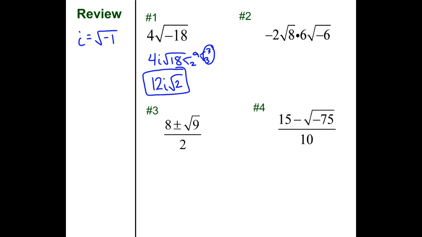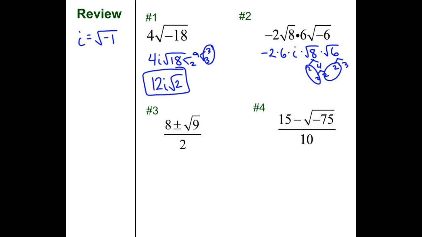So remember we can multiply the outside times the outside, inside times the inside. So really I need to change this to -2 times 6 times, and I'm going to pull out the i, times the square root of 8 times the square root of 6. Now I'm going to split these up: 2, 4, 2, 2, 2, 3, and now we circle our pairs.